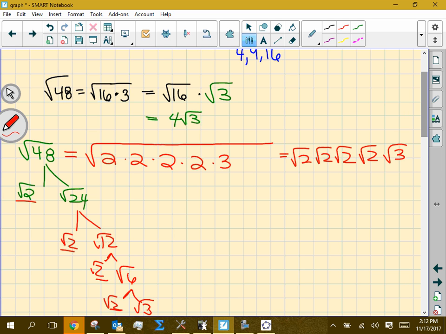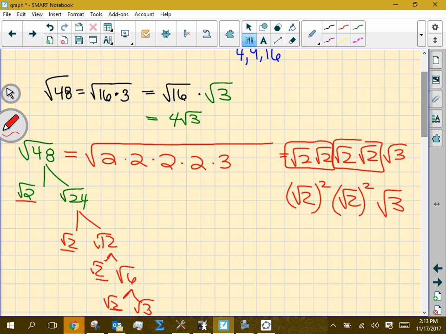Using exponents, if I gave you 12 times 12, how could you rewrite that using exponents? 12 squared. Okay? So why can't I do that here? Why can't I write that as radical 2 squared? Does that make sense? So radical 2 squared there. Are those a group of radical 2's? And then I've got my radical 3, right? So I can maybe rewrite it that way.